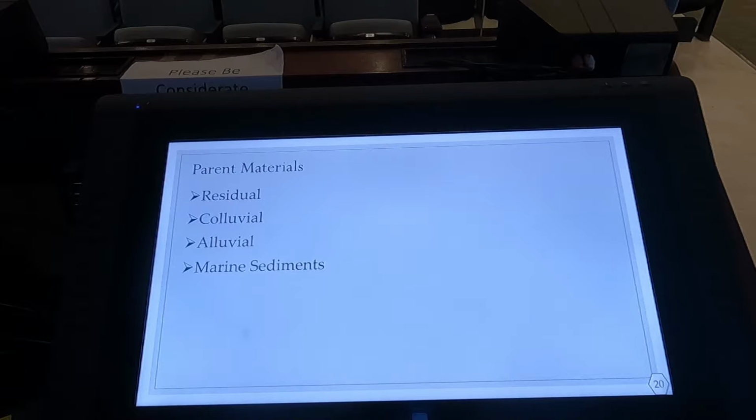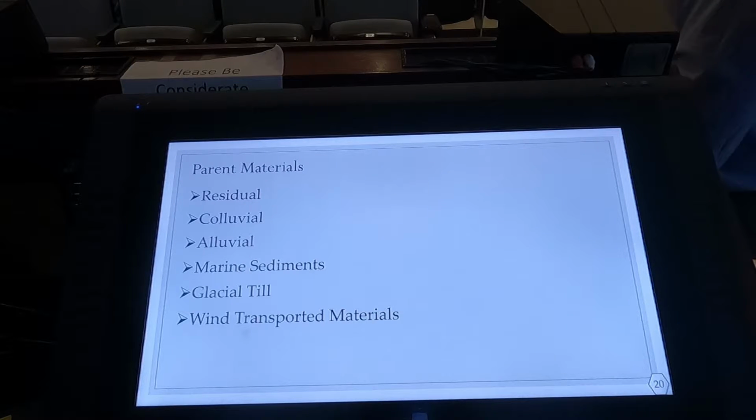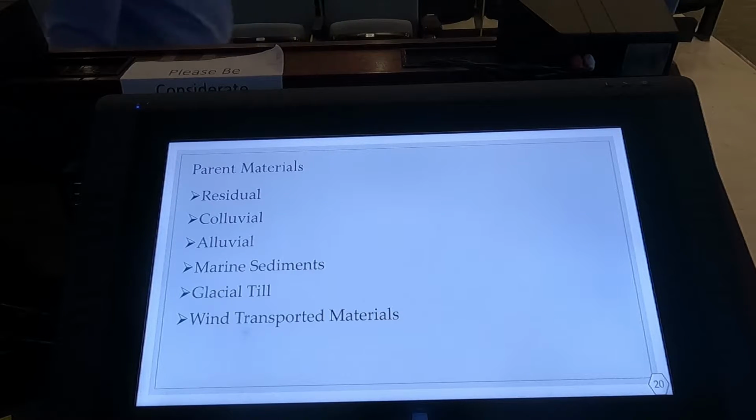Our alluvial and marine sediments are going to be associated with some water fraction. Next, glacial till and wind transported materials. And finally, organic deposits.